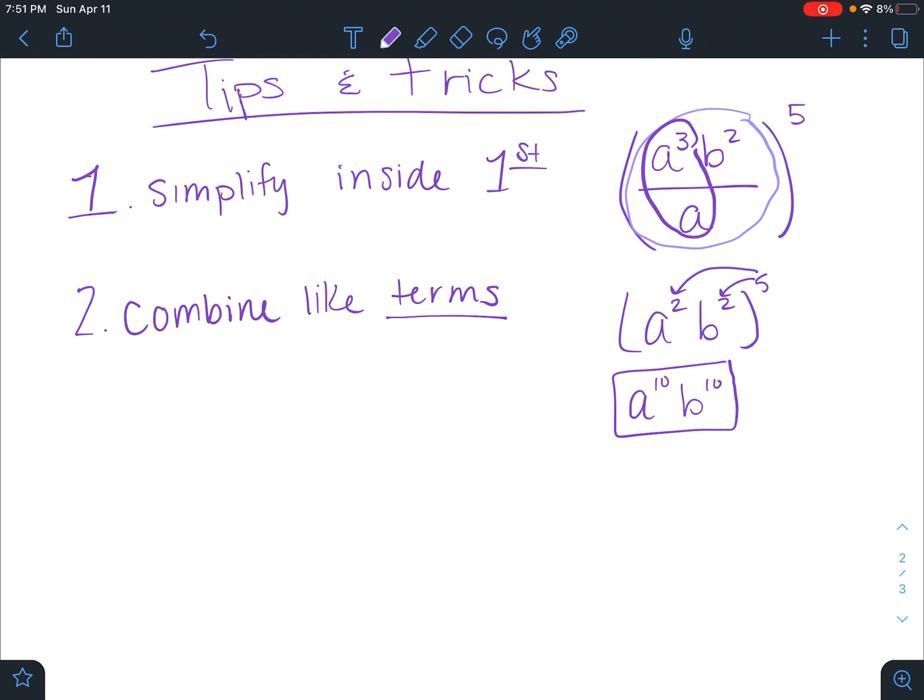If you've got anything that you can multiply, do those first. Also, if you've got negative numbers, deal with those negative exponents first before you start moving things around, powers to powers, anything like that.